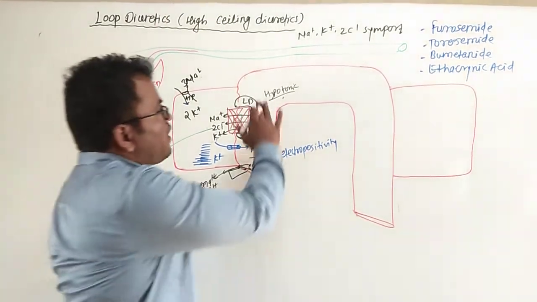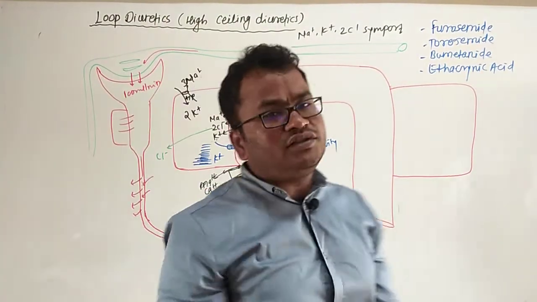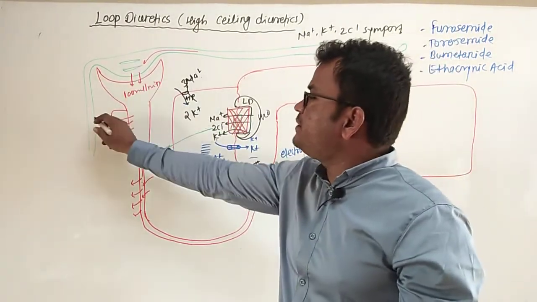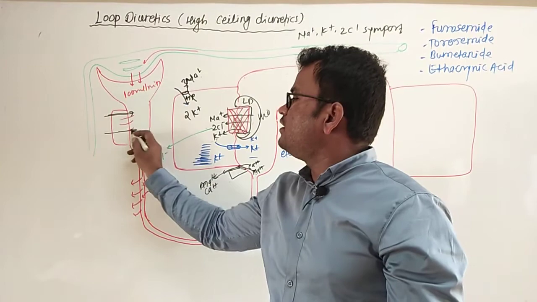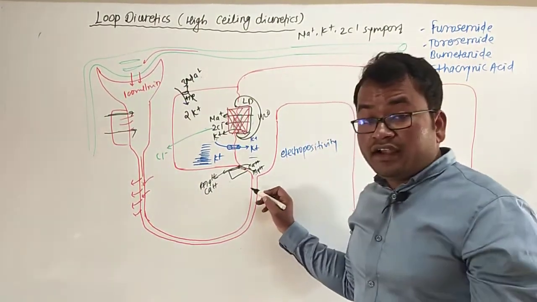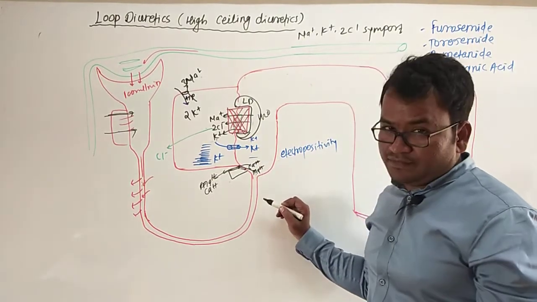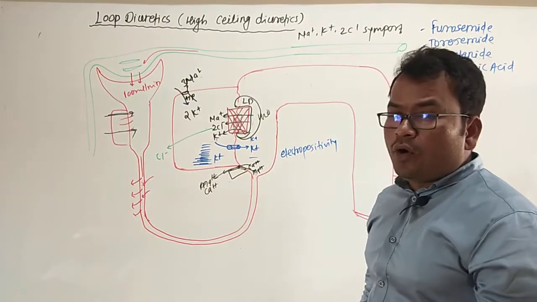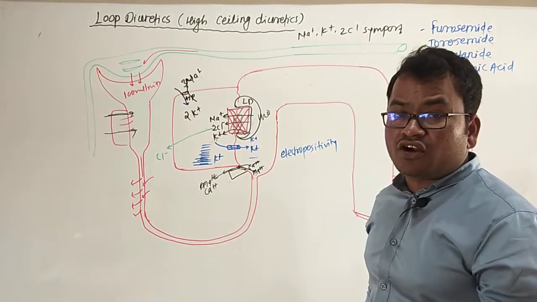So let's see what the effects of these loop diuretics are. Loop diuretics are filtered from blood or actively secreted, and transported towards the thick part. If they block this symport, then sodium reabsorption does not take place.